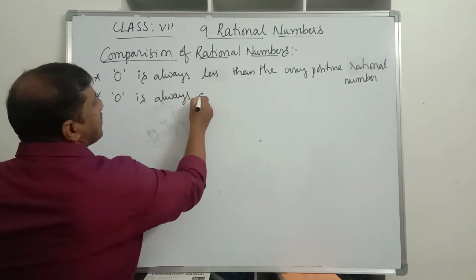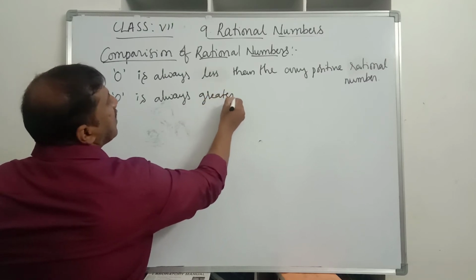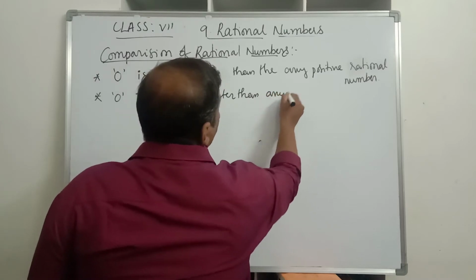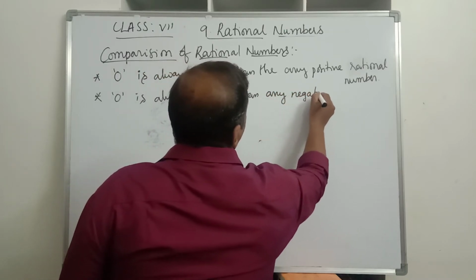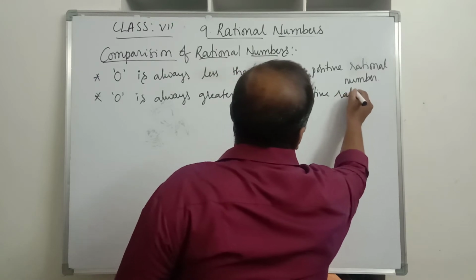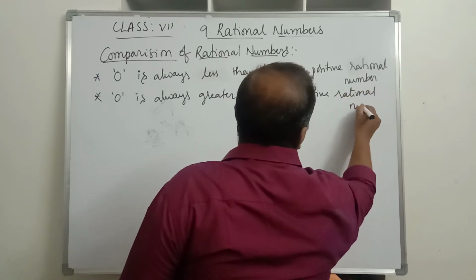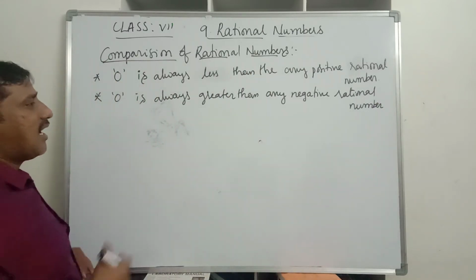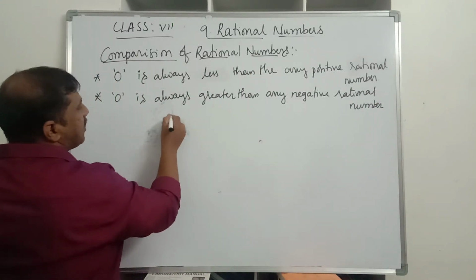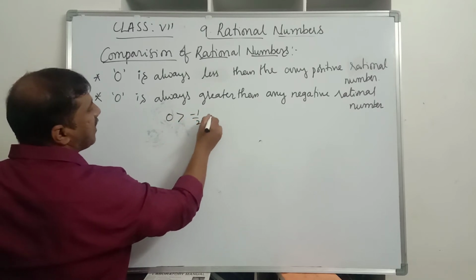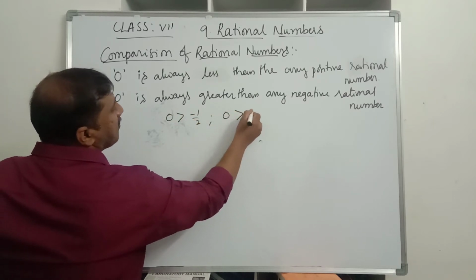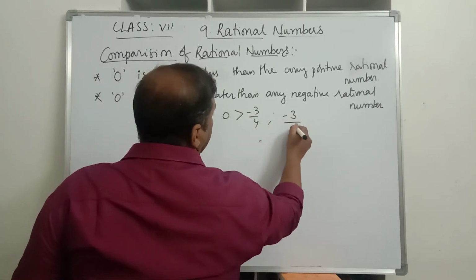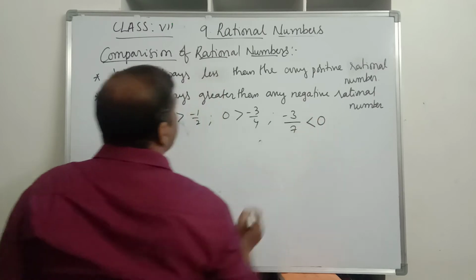0 is always greater than any negative rational number. When we compare 0 and negative rational numbers, 0 is always greater than a negative rational number. 0 is greater than minus 1 by 2, 0 is greater than minus 3 by 4, and minus 3 by 7 is always less than 0.